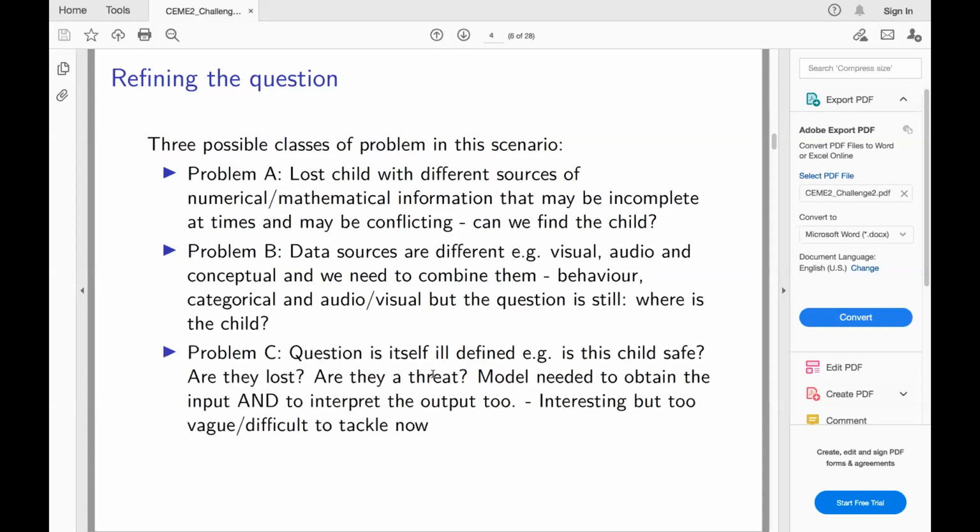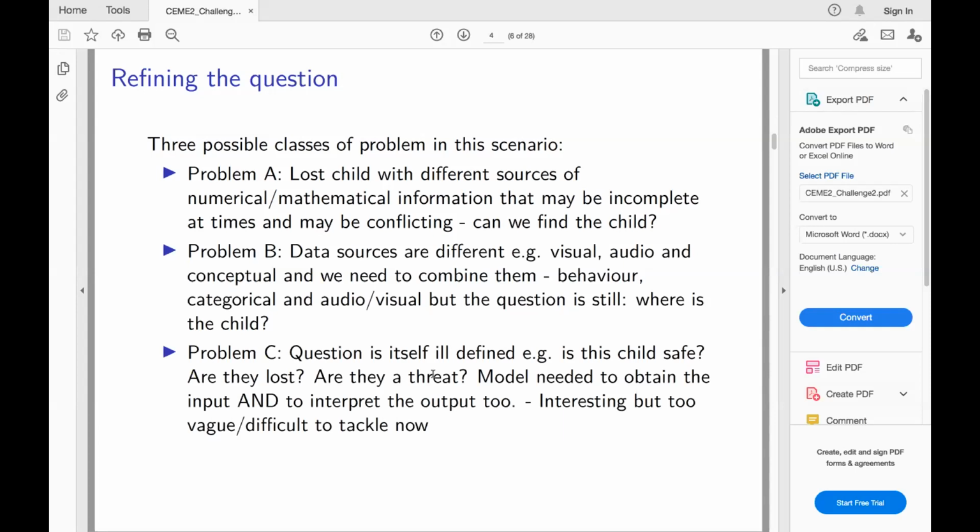And then there's problem C, where not only is the data ill-defined and multi-sourced, we don't even know how to describe the data. That's problem B. Problem C is we don't know how to describe the question mathematically. Is the child safe? Are they lost? Are they a threat? A model is needed to obtain the input and to interpret the output.